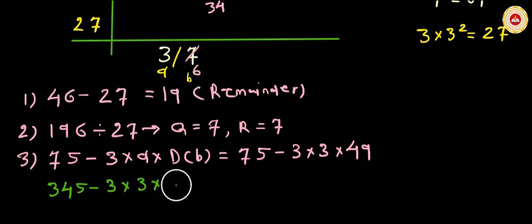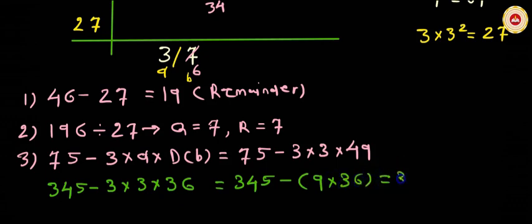So 6 squared is 36. 345 minus 3 3s are 9, 9 multiplied by 36, which is equal to 345 minus, 9 6s are 54, write 4, carry 5. 9 3s are 27, plus 5 is 32. Correct?